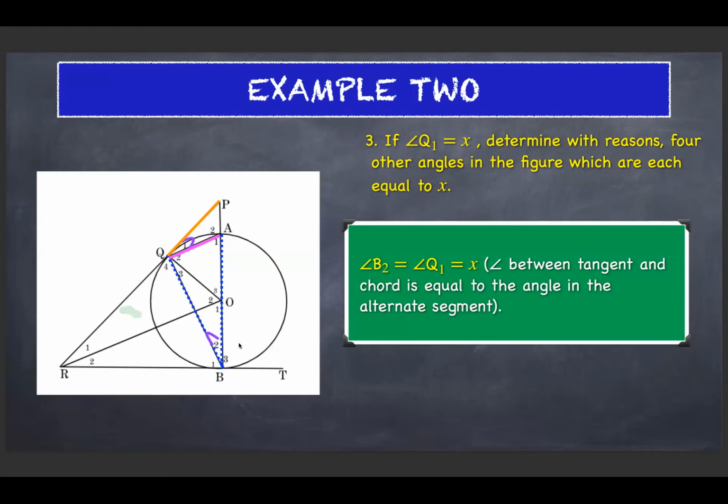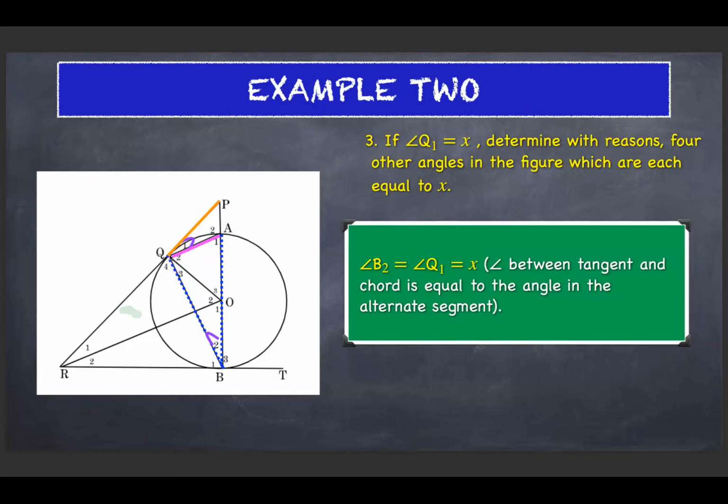Why? Well, first, you can label Q1 on your diagram. We know that QA is going to be a chord, right? We've got circle center O, we've got QA being a chord. And we see the angle between the tangent and the chord, the tangent being PQ. It's not so easy to see that PQ is a tangent, maybe because it's so short, but it is because it only touches the circle once at point Q. So PQ is our tangent and AQ is our chord.